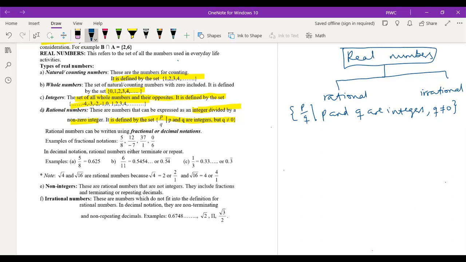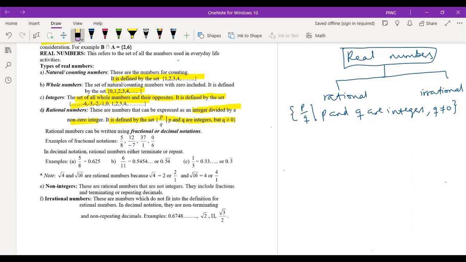These are all rational numbers, because 5 is an integer, 8 is an integer, 12 is an integer, -7 is an integer, and so on. Integer over integer makes a rational number.